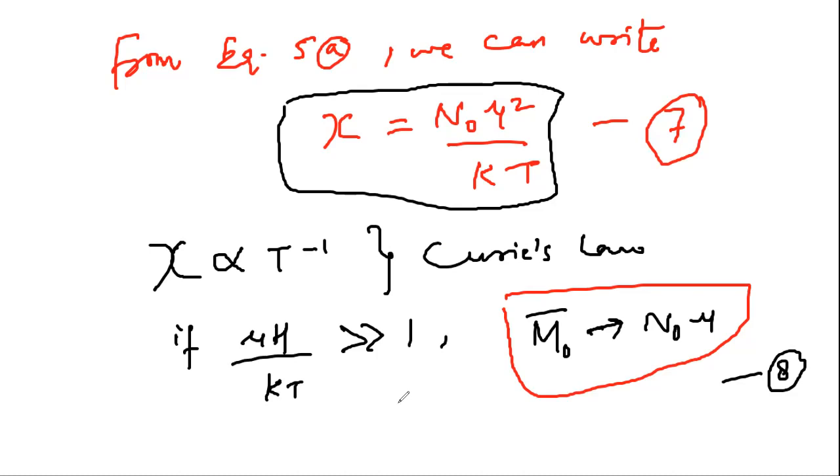Remember, this N naught mu is the maximum or saturation magnetization of the substance which the substance can exhibit. Now, this complete dependence of magnetization on temperature and magnetic field H can be depicted in a figure.